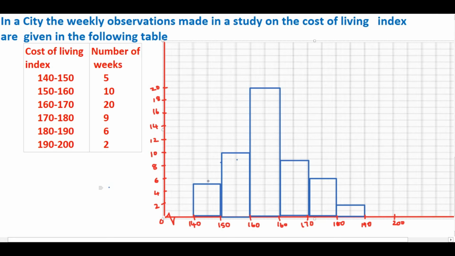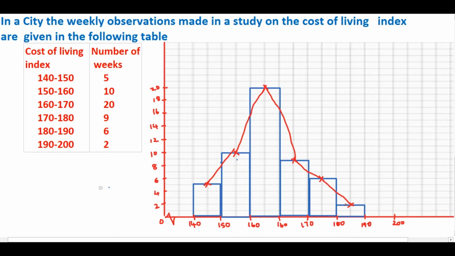Now we need to mark the midpoints of the upper side of these rectangles. When I mark the midpoints of the upper side of these rectangles, first we will mark, then we will join these points. It has to be joined using a scale. It should be a straight line between these points.